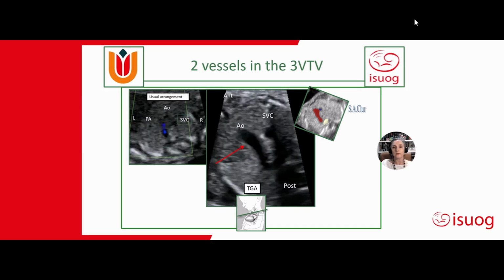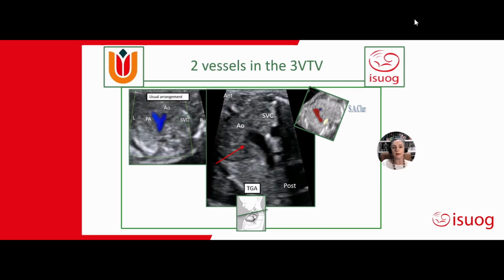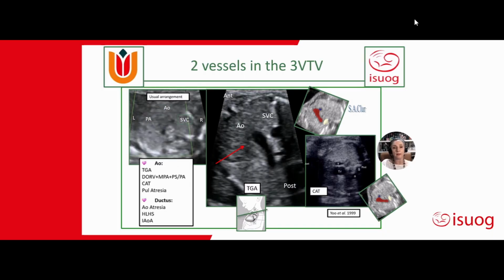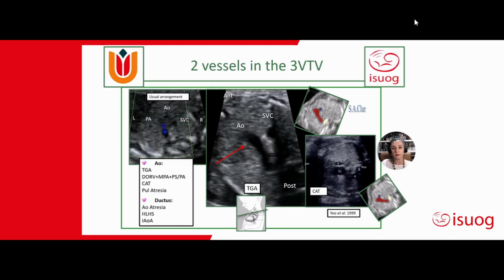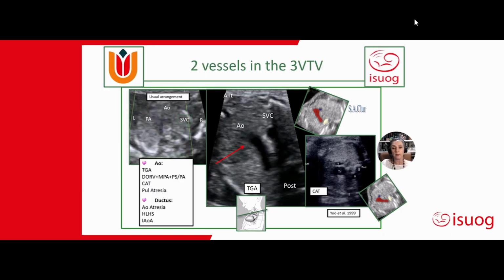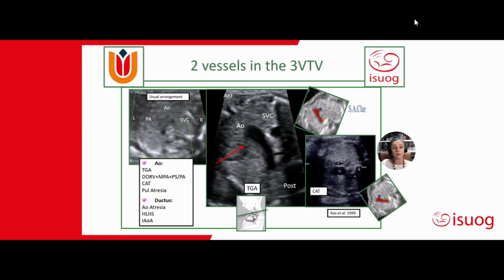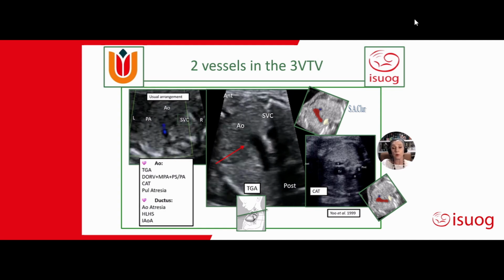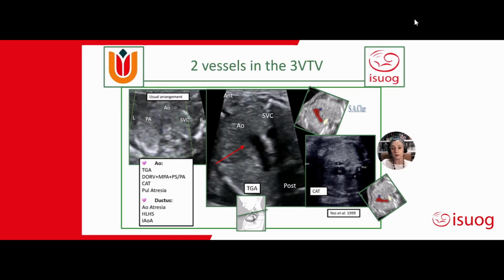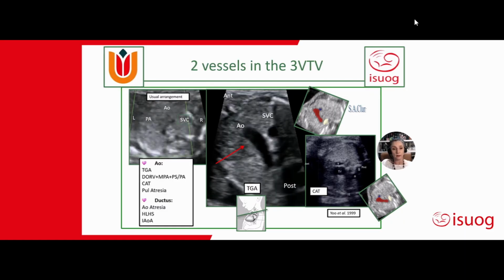When looking at the three-vessel and trachea view, it is important to realize that when you only see one vessel, you may not necessarily only be dealing with a transposition of the great arteries. You can get this sign also when you have complicated double outlet right ventricle with malposition of the great arteries, with a small pulmonary artery or pulmonary atresia, in the case of common arterial trunk, and if you have pulmonary atresia.